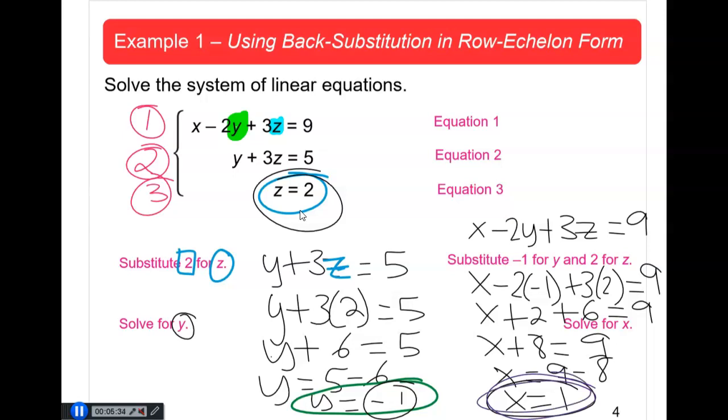The way that we could write our solutions, individually, one at a time, depending on what WebAssign is wanting for you to do, or we could also write them in an ordered triple. Because we have 3 numerical values, we don't call it an ordered pair, we call it an ordered triple, and it does have to be in order, x, y, z, alphabetical order. So 1, -1, and 2.